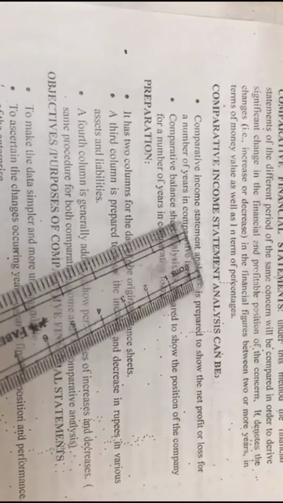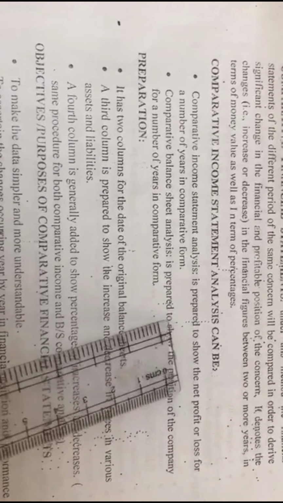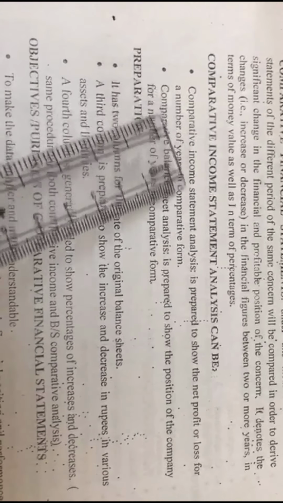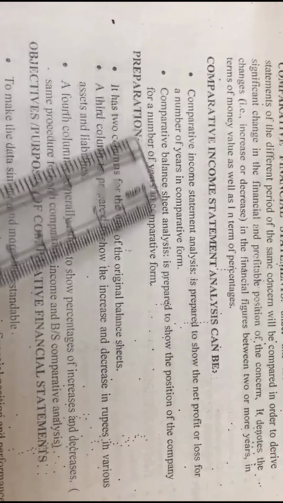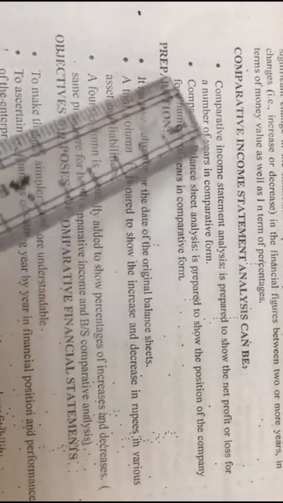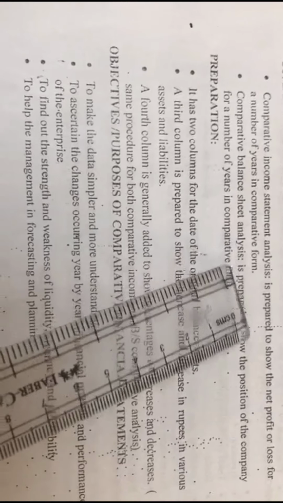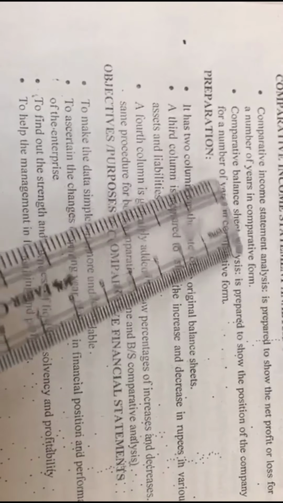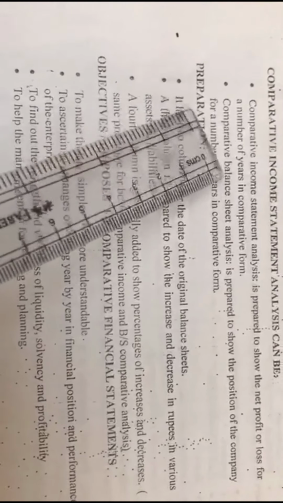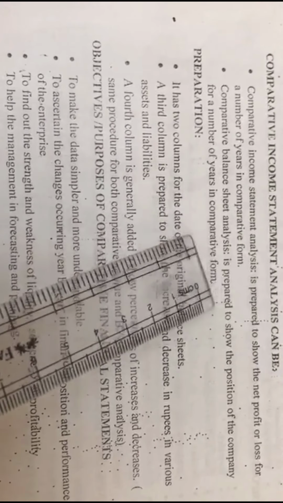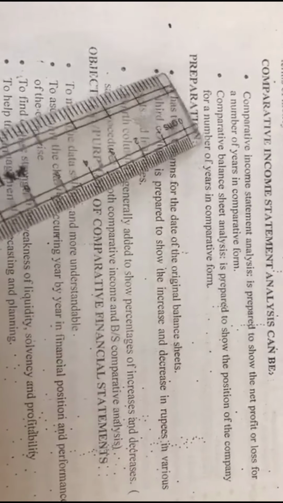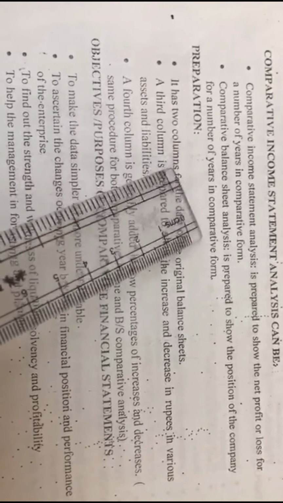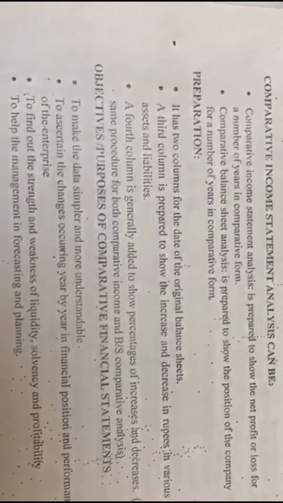It may be either comparative income statement or comparative balance sheet analysis. Comparative income statement analysis is prepared to know the net profit or loss for a number of years in a comparative form, and comparative balance sheet analysis is prepared to show the position of the company for a number of years in a comparative form.